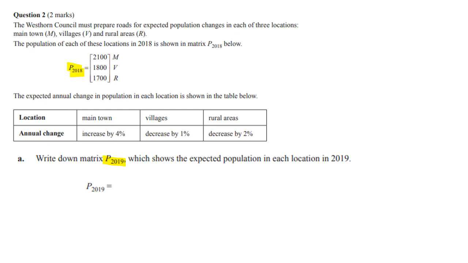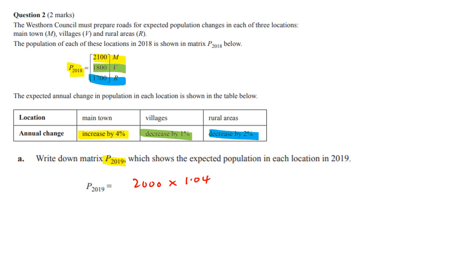You've got P 2018, and it says the main town, M, changes by this, and then the V changes by this, and then the R changes by this. You can easily do this on your calculator. It's going to be 2,000, now increase by 4%, so you just times it by 1.04. You should remember that from your financial maths.